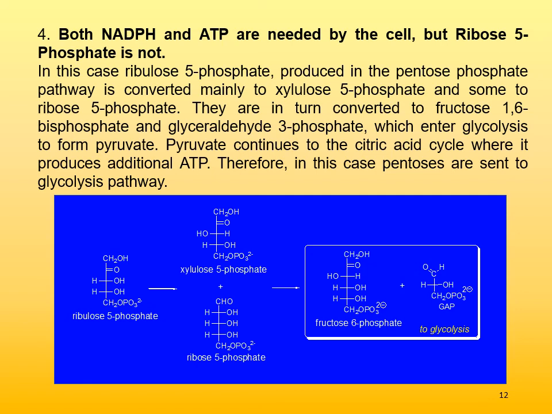Those are substrates for glycolysis, and they enter glycolysis to form pyruvate. Pyruvate then in turn is a substrate for the citric acid cycle, which we will cover a little bit later in this course. So pyruvate enters the citric acid cycle where it produces additional ATP. So this completes our chapter on the pentose phosphate pathway.